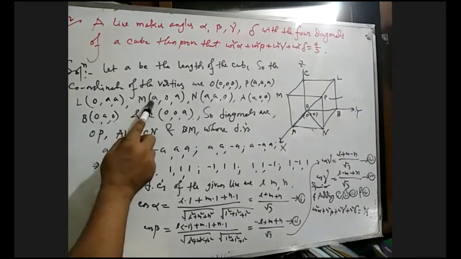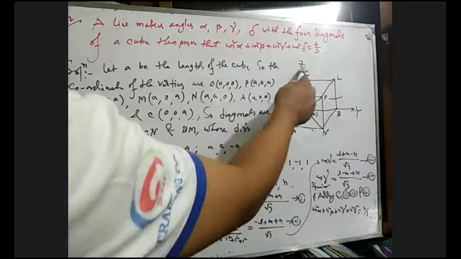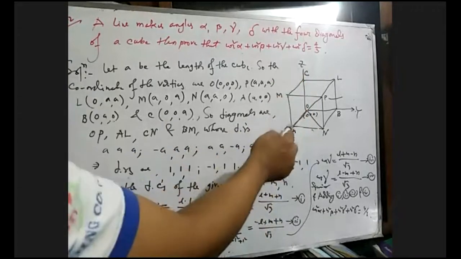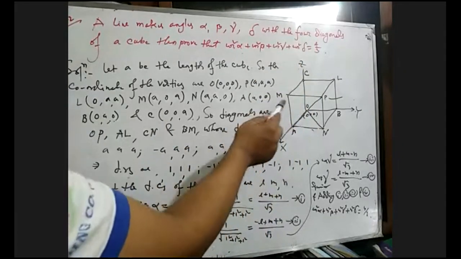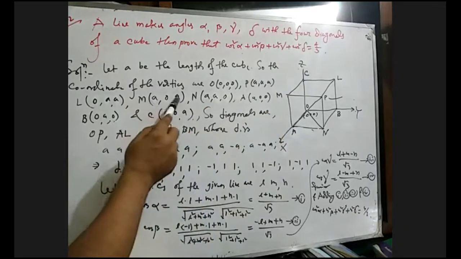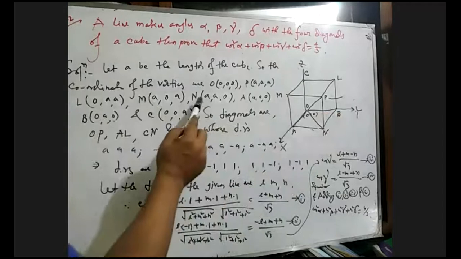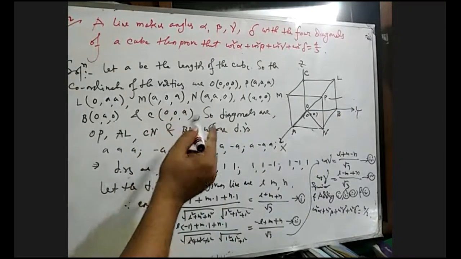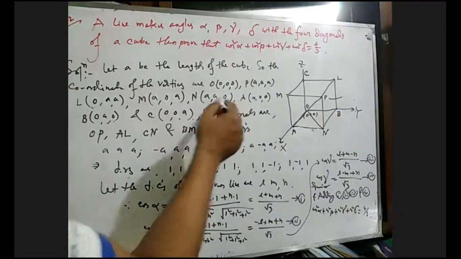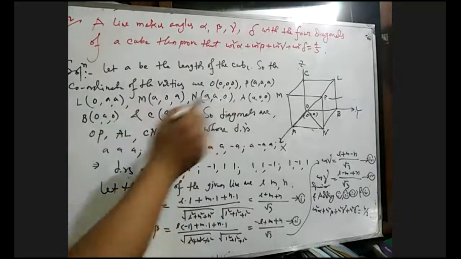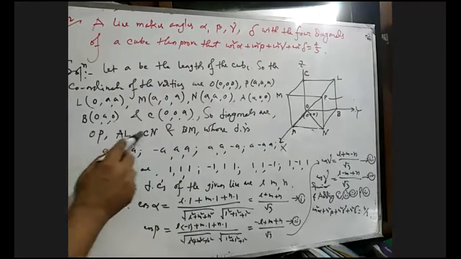And M lies in the XZ plane, so the y coordinate will be 0: (a, 0, a). And N lies in the XY plane, so the z coordinate will be 0. In this way, there are 8 points and 4 diagonals: OP, AL, CN, BM.